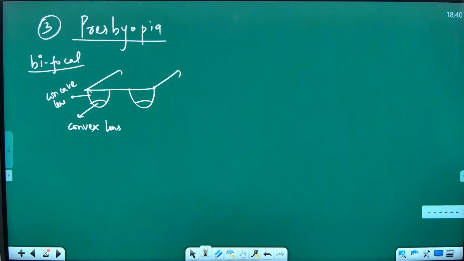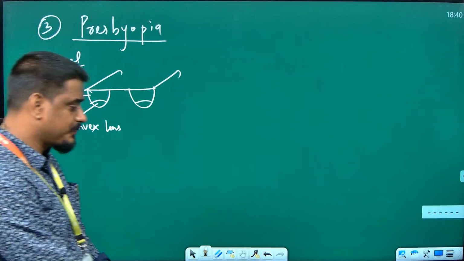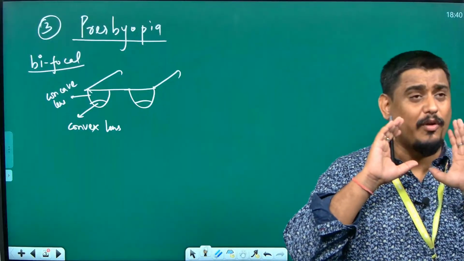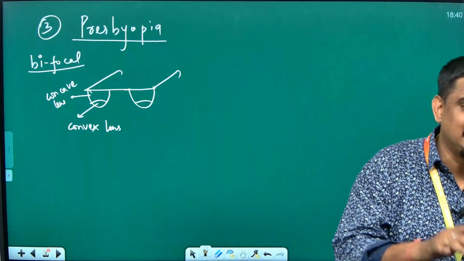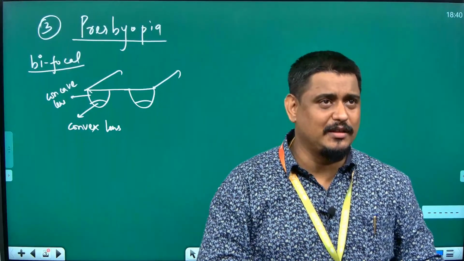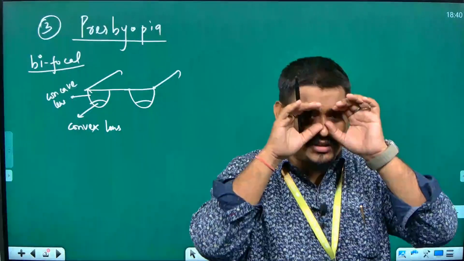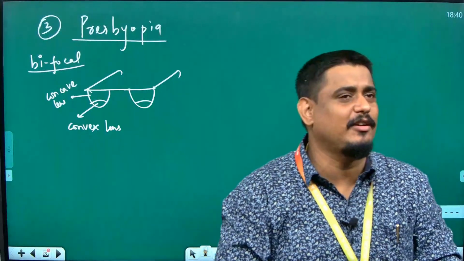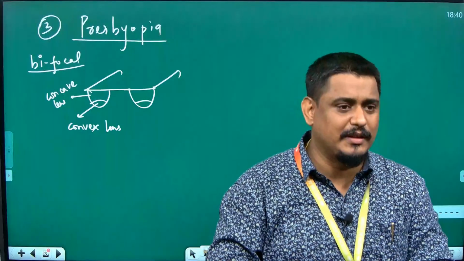The calculation of the focal length, how much defect you have, is done by some machines. Have you been to any eye hospital? They will ask you to focus on something, and then they will calculate how much your near point or far point has been affected, and recommend based upon that.